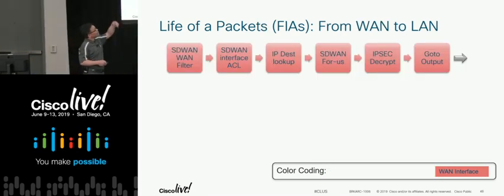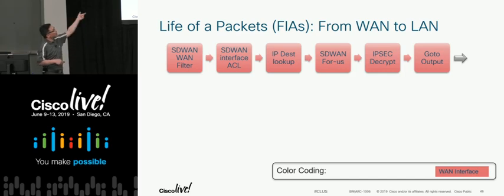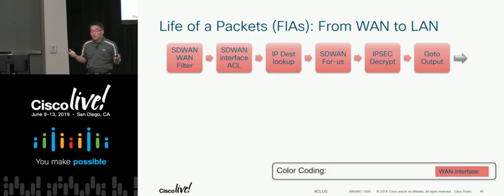For the packet coming back from the WAN interface to the LAN, the first feature to be executed is called the SD-WAN filter. The way SD-WAN works is that the packets coming from the WAN interface are all IPsec encrypted, or TLS, DTLS encrypted.